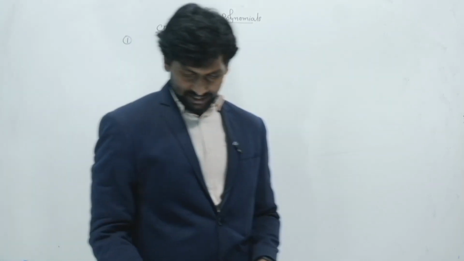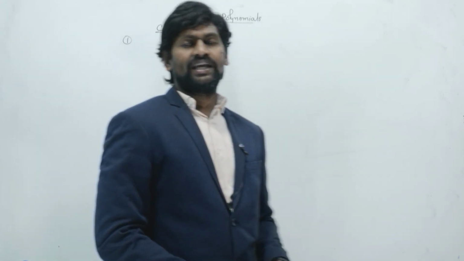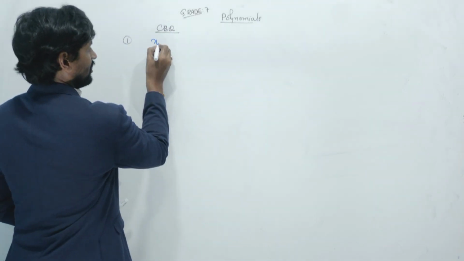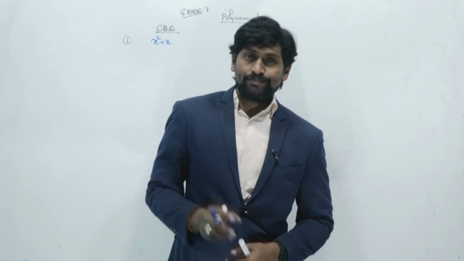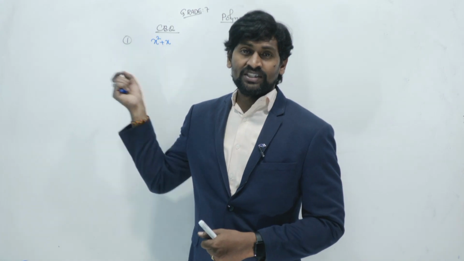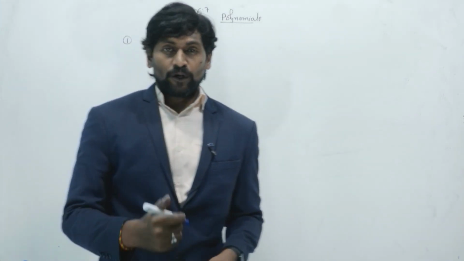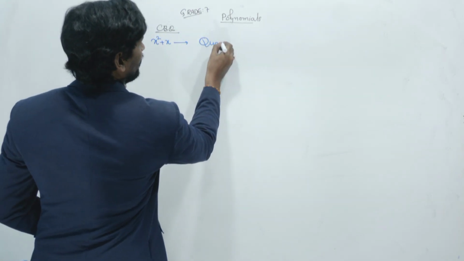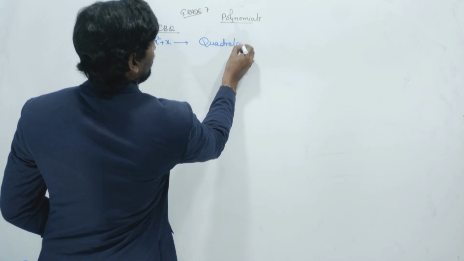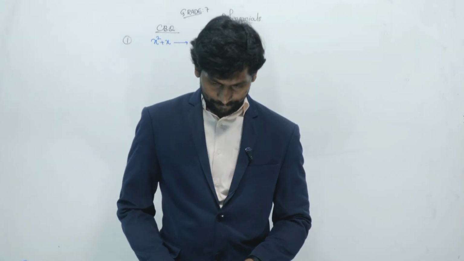The first question is x square plus x. Is x square plus x a polynomial? Yes, obviously it is a polynomial. While you are observing these x terms, highest power 2, second degree polynomial. Second degree polynomial name is quadratic polynomial.